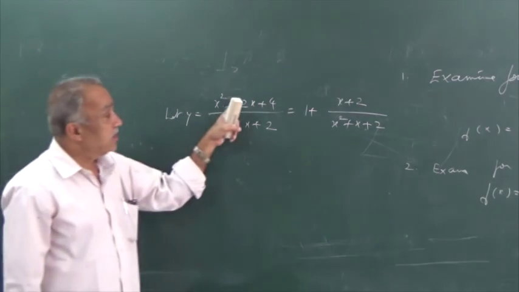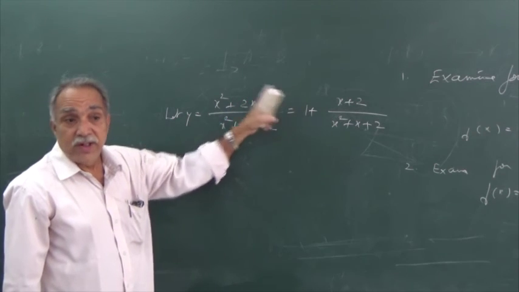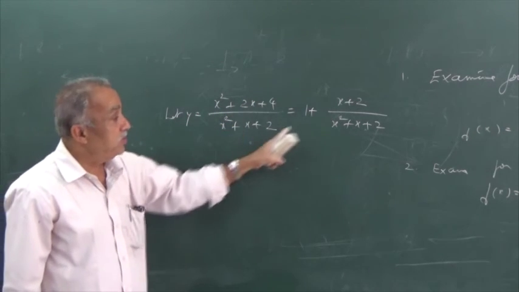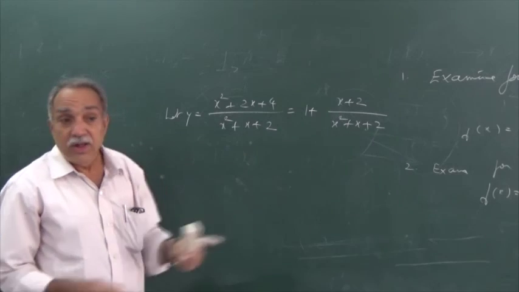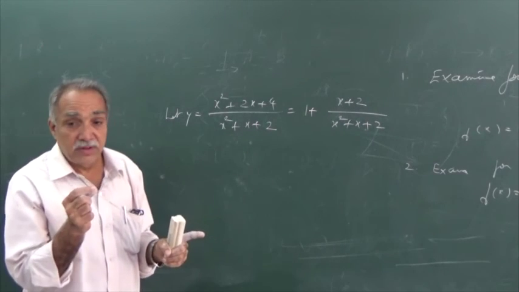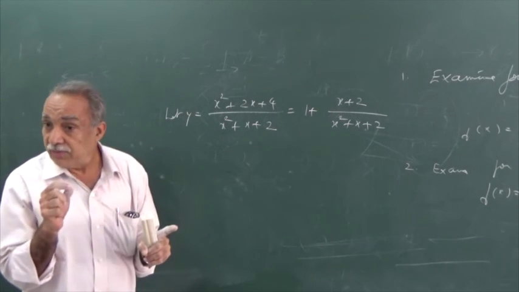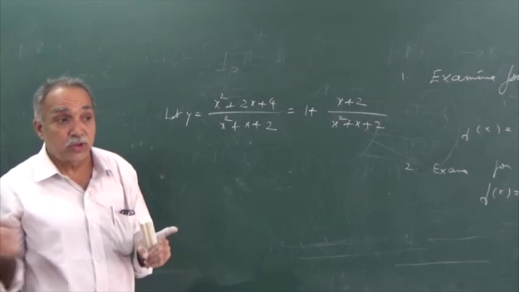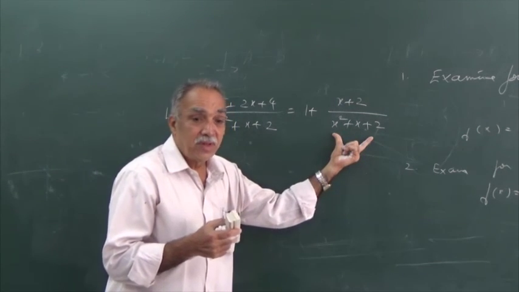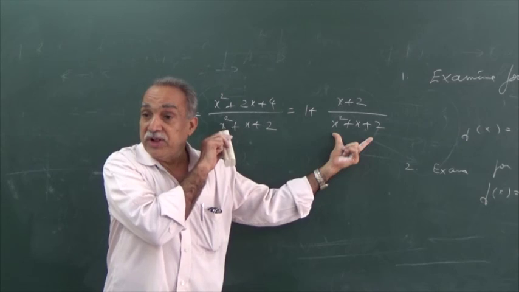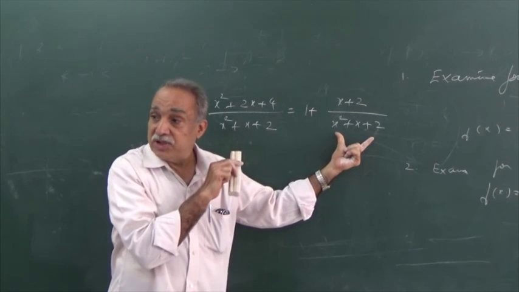This is x² + x + 2 plus x + 2. x² + x + 2 divided by this is 1. Next, I need to consider only that. While checking whether f(x1) = f(x2) implies x1 = x2 or not, I need to consider now only this portion. Compared to the original form, this is much simpler.